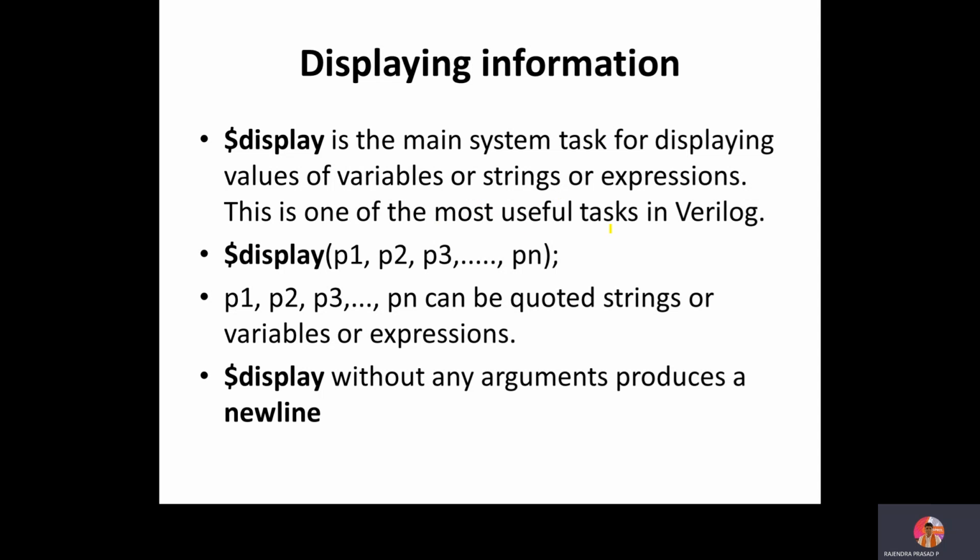This is one of the most useful tasks in Verilog. I may want to display only three to four variables, or display all of them. So I can use dollar display with parentheses P1, P2, P3, and so on up to Pn. P1 is the first string you want to display.